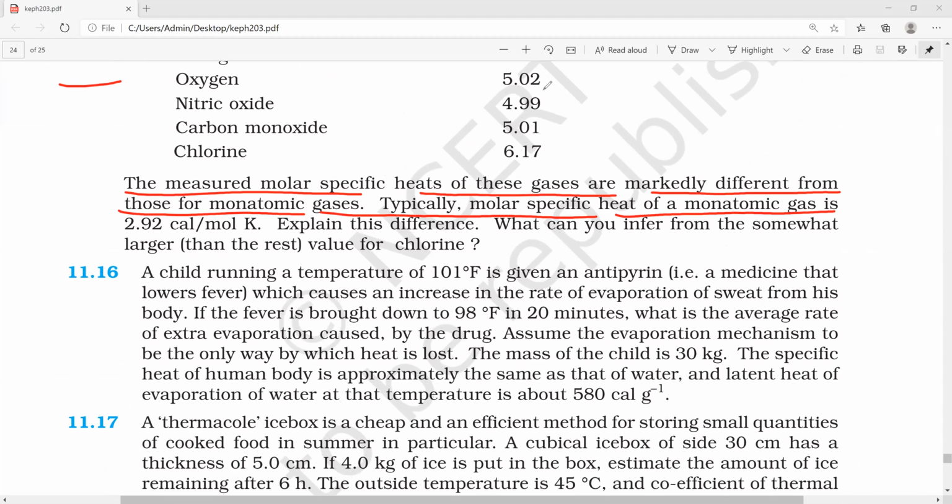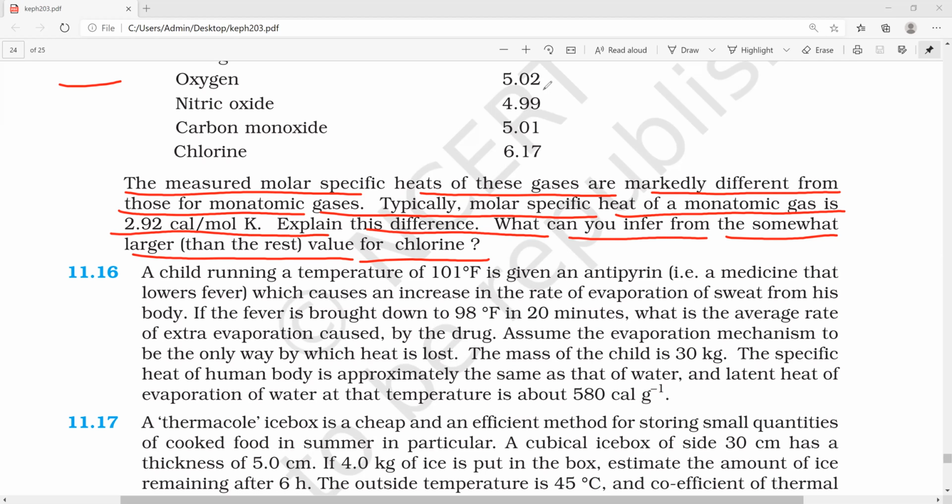Typically, molar specific heat of monoatomic gas is 2.92 calorie per mole per Kelvin. Explain this difference. What can you infer from the somewhat larger than the rest value of the chlorine? So some values they are already given.